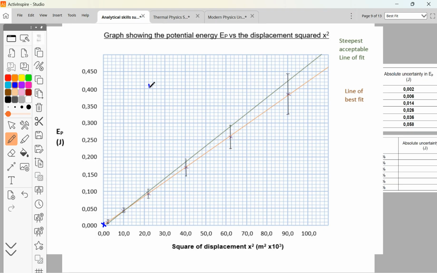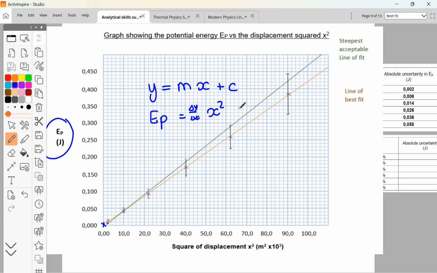remember your ultimate goal is to write this in terms of y equals mx plus c. So you're going to find an equation that in the y position has an EP, and here that's going to be your gradient. But in your x position, so it's changing y over changing x, in your x position, then we're going to have our x squared.